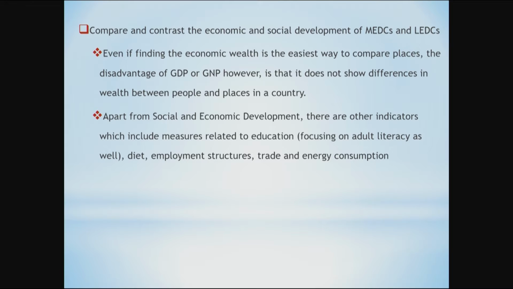We also found out that apart from social and economic development, there are other indicators which include measures related to education. When we talk about education, we were focusing also on adult literacy. The other measures are diet, employment structures, trade, and energy consumption.